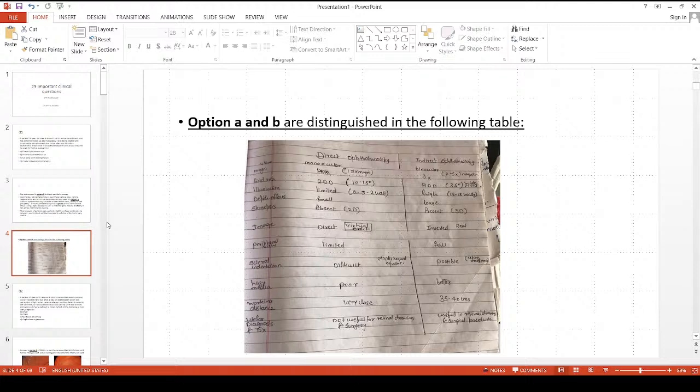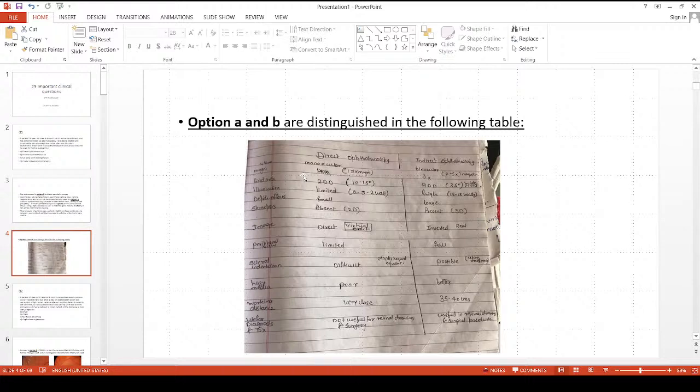Direct ophthalmoscopy gives 15x magnification, that is more magnification, but a much lesser area, only 2 disc diopters, around 10 to 15 degrees, will be seen. While in indirect ophthalmoscopy, there will be 3x magnification, only 3 times, but an area of around 9 disc diopters will be seen.